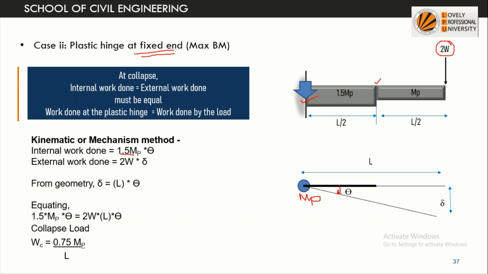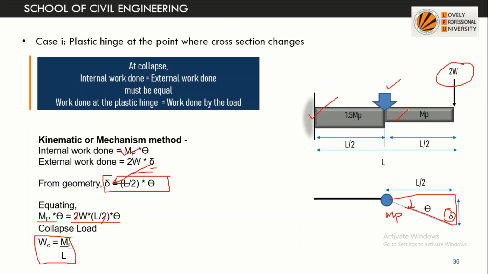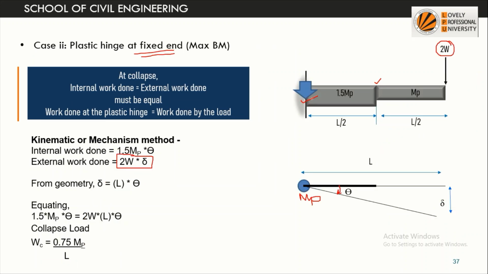In the previous case the value was MP only, because the plastic hinge was formed at the weaker section, and here the plastic hinge is formed at the section which has a plastic moment of 1.5 MP. So we write the internal work done as 1.5 MP into theta.